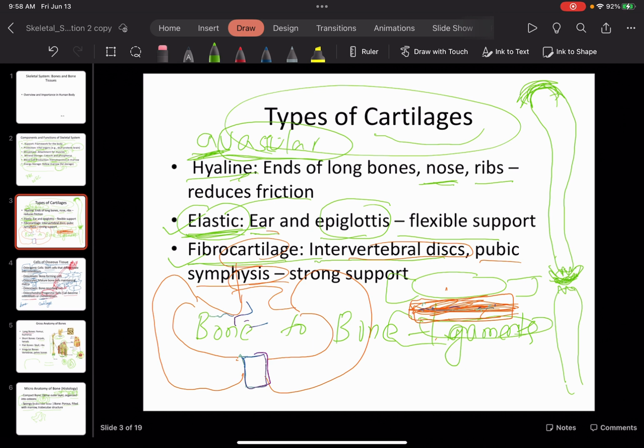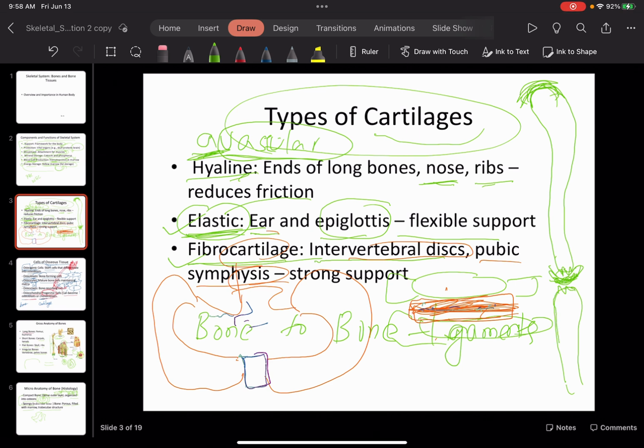The tip of the nose and the ribs are also areas where you see hyaline cartilage, which mainly reduces friction.